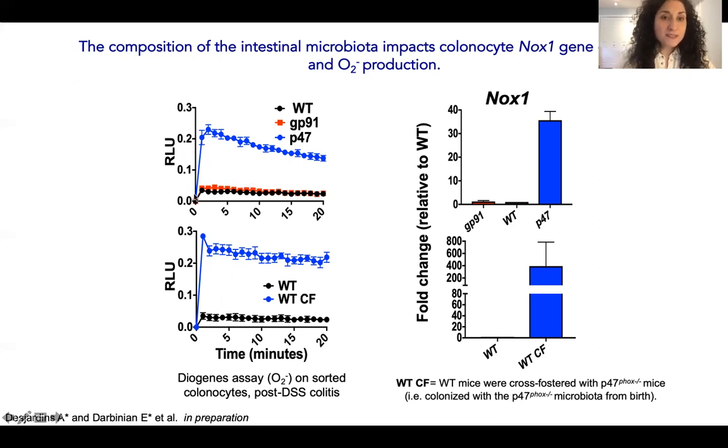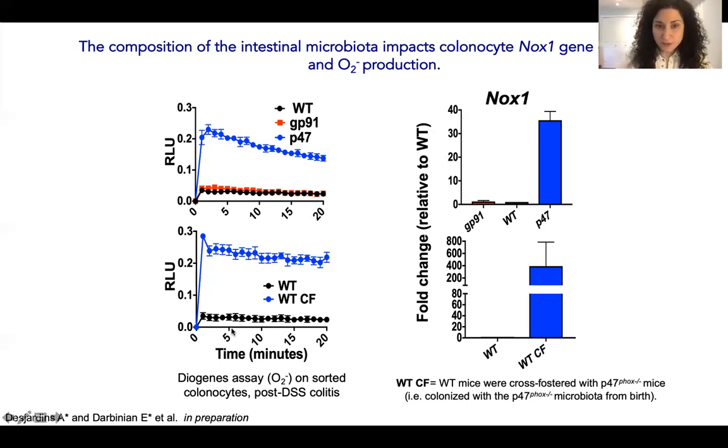And what we see is a significant increase in ROS production in the P47 knockout mouse epithelial cells. Similarly, when we looked at NOX gene expression in these same intestinal epithelial cells, we find that the P47 epithelial cells have an increase in NOX1 gene expression, which likely explains this rise in ROS production.